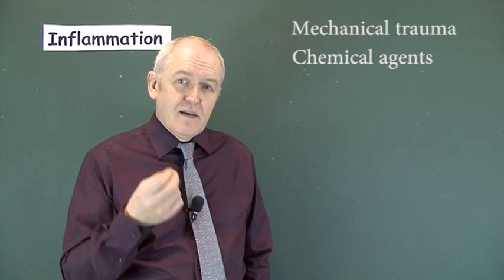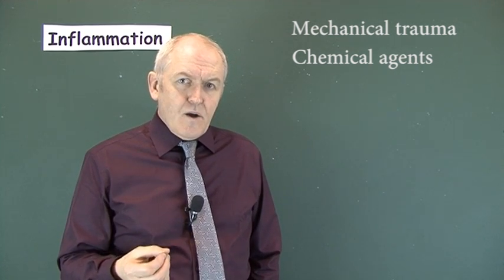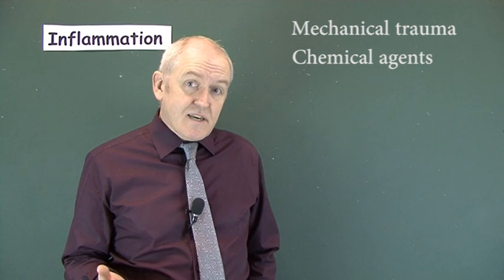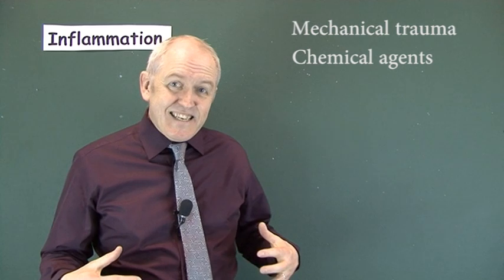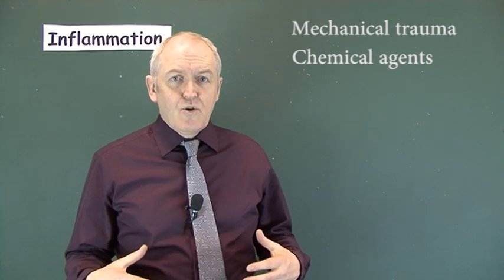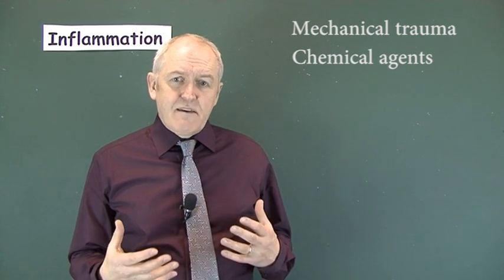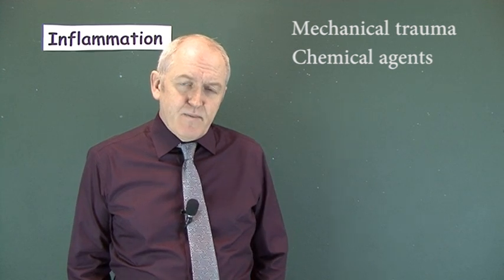It's a chemical effect. Or you might have come across patients with pancreatitis, where digestive enzymes are actually released into the tissues of the pancreas, causing autodigestion and very significant inflammation.